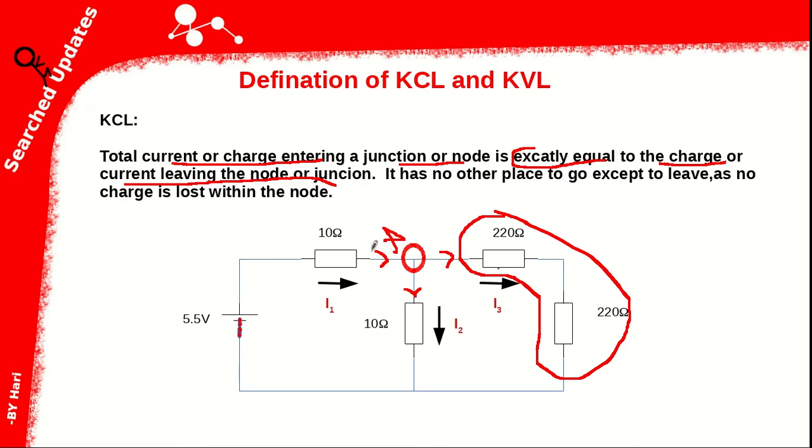Here I1 is the current entering the node, and by the definition, the current entering a node is equal to the current leaving the node. Here I2 and I3 are the currents leaving this node. So write I2 plus I3. Here's the KCL equation: I1 = I2 + I3.